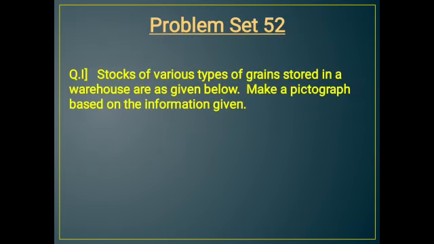Now we will move on to our problem set 52. Question number 1. Stocks of various types of grains stored in a warehouse. What is a warehouse? It's a type of godown where we can stock the grains. They are as given below. Make a pictograph based on the information given.